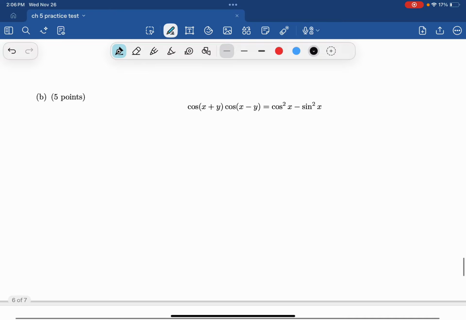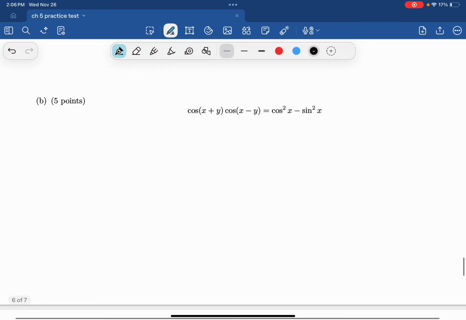Next one is the same concept. We're going to use the cosine addition and subtraction formulas.